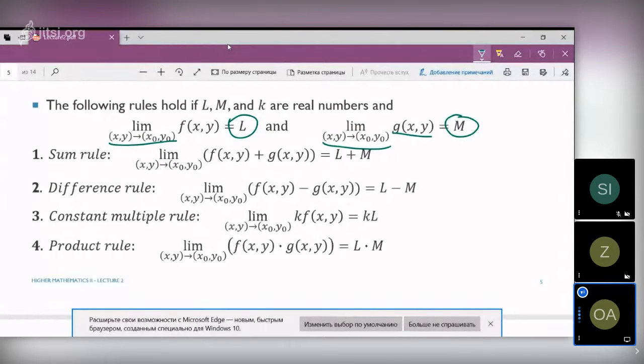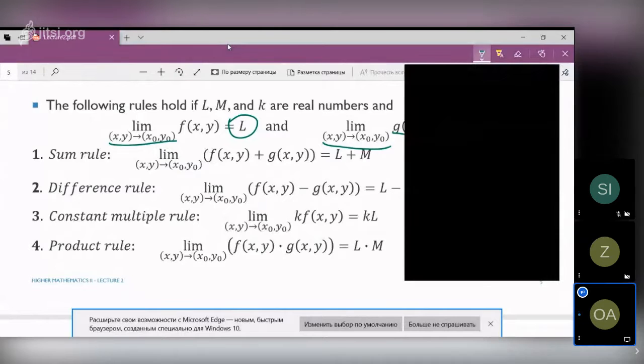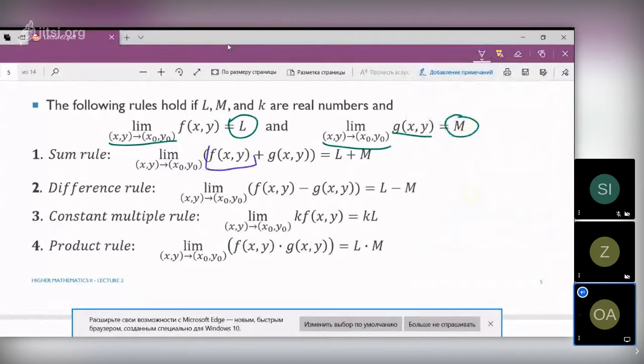It's given, it's L. So here we wrote L, then plus, what is the limit of the second expression when xy tends to x0, y0? It's M, it's given here, so plus M. So this is the answer.